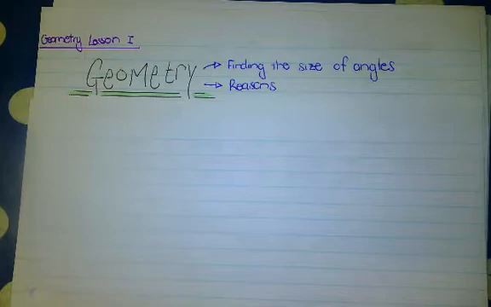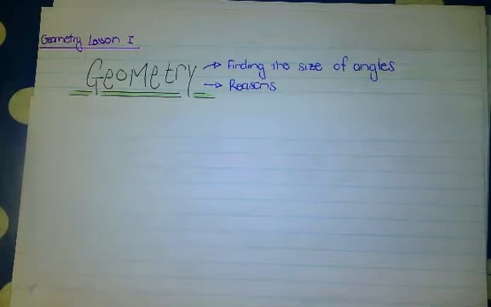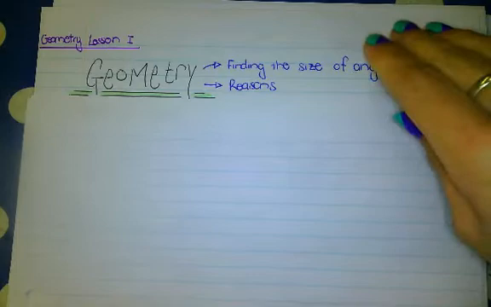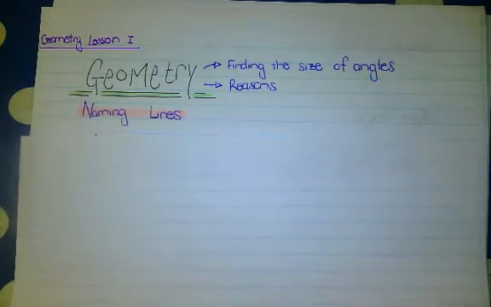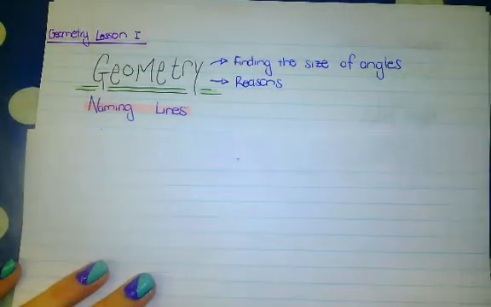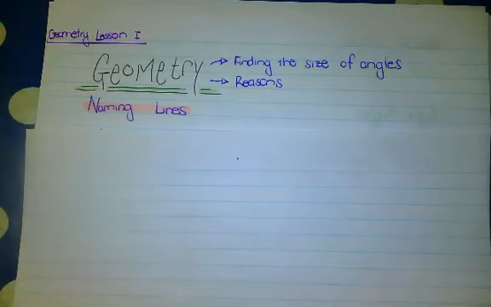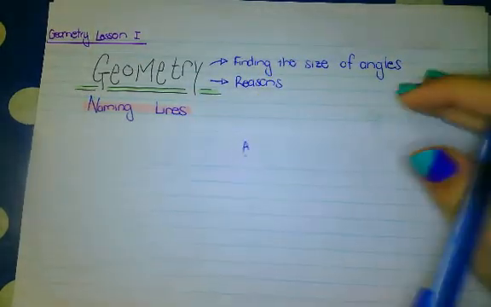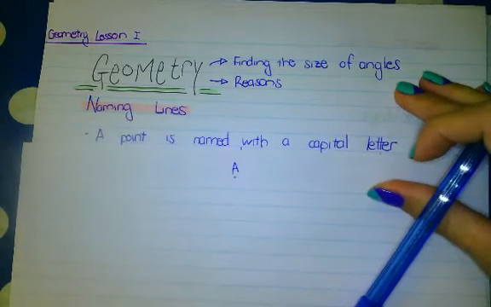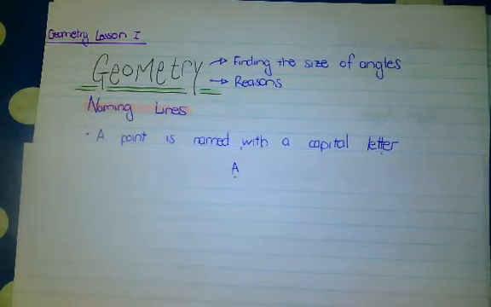Now before we get into proper geometry, I first want to remind you of some things that you learned last year. The first one is how to name lines in geometry. When you name a line in geometry, its name comes from points that are on that line. Firstly, points are named with a capital letter. If I put a point on a diagram, I would have to label that point with a capital letter. Let's call it point A. So points are named with one single capital letter.